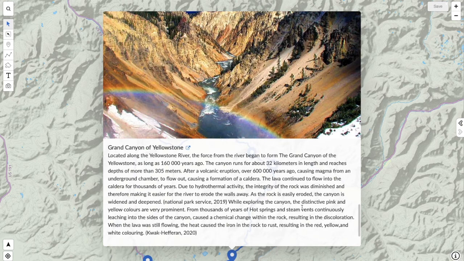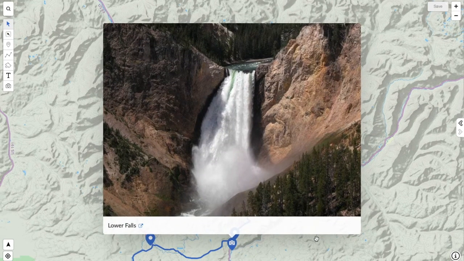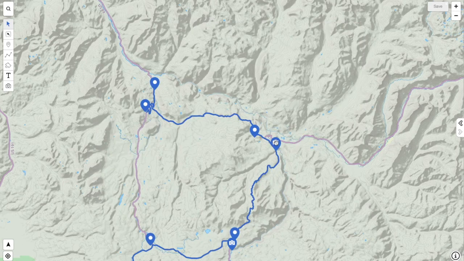I'm not going to explain the caldera again because I think he already did a good job on that. But yeah, it actually starts from the Lower Falls, and it goes up until the Tower Falls, which is pretty much up here, but I'll explain that later.